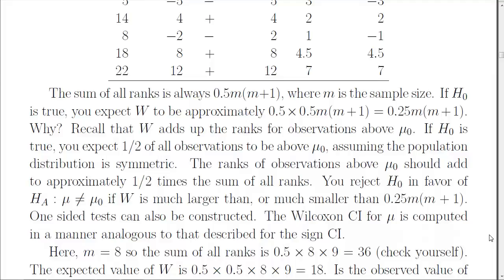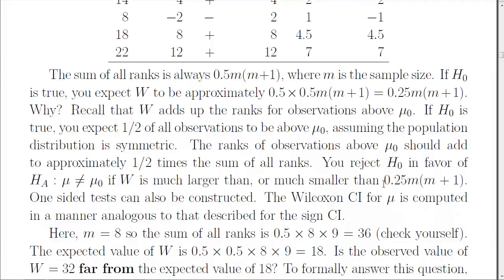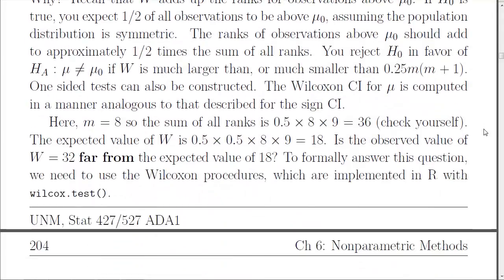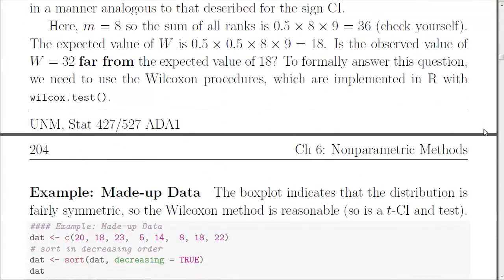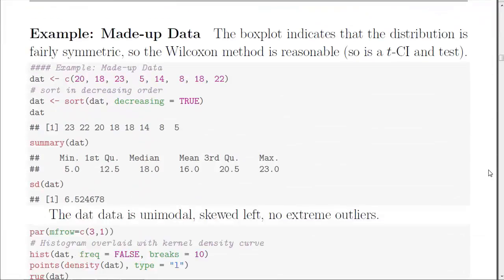Okay, so then we let R figure this out for us. There's ways of computing this distance under the null hypothesis, and that will be computed in the wilcox.test function to calculate our p-value or to get a confidence interval.